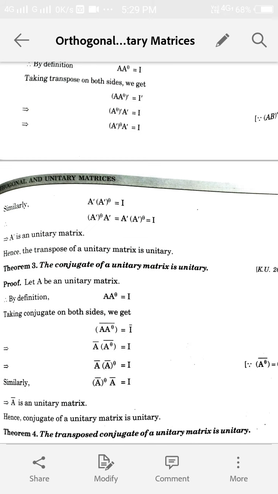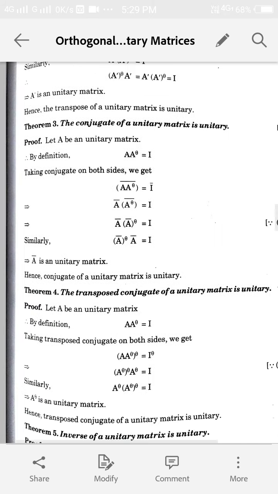Now move on to the third property. What is the third property? The conjugate of a unitary matrix is unitary. We are given what? A is a unitary matrix. So apply its definition. We can write A theta into A is the same as A into A theta, and that is equal to the identity matrix. Now we are to deal with the conjugate of a unitary matrix.